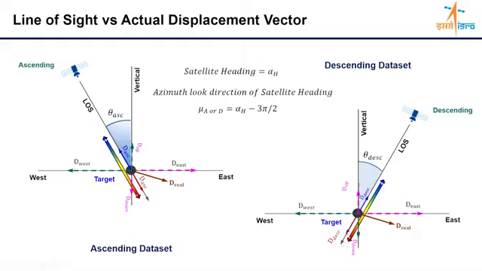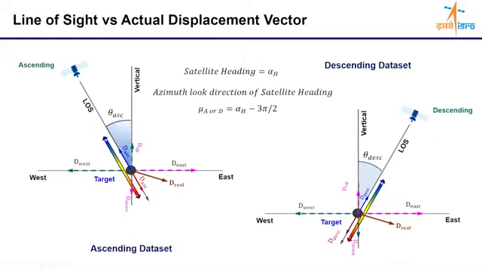Again, if the target is moving towards the satellite or away from the satellite, if it is away, it can be decomposed along this direction and along this direction. If it is moving towards the satellite, then its component is along the east direction or the upward direction, and another component is along the northern side. So from the line of sight displacement, we can establish a relationship between the line of sight and these components, and from these components of the deformation vector we can draw the real deformation vector.